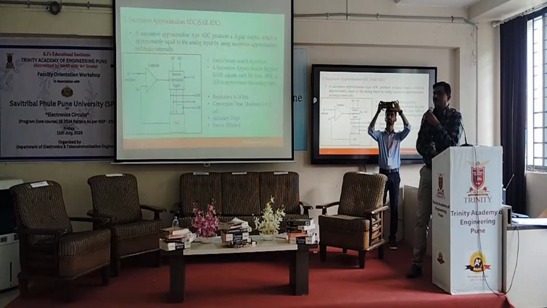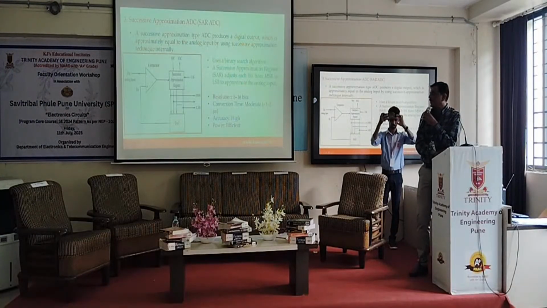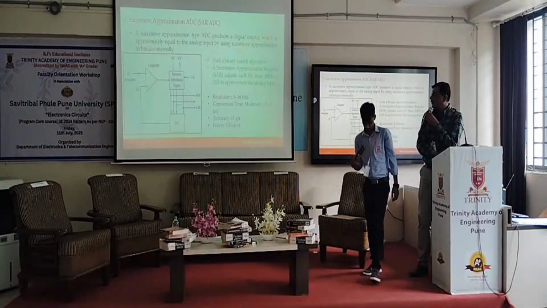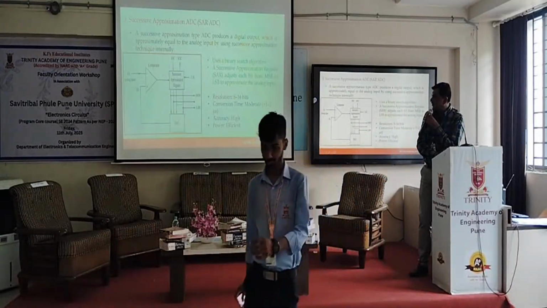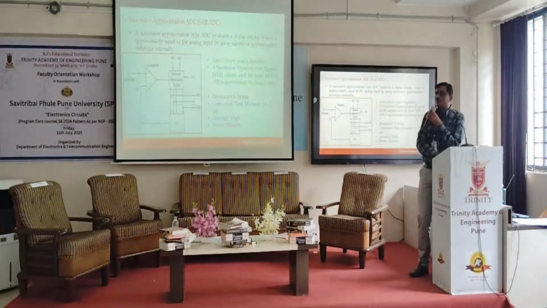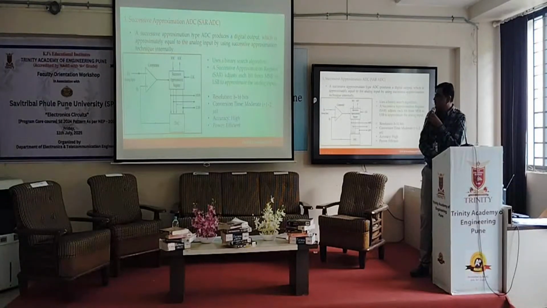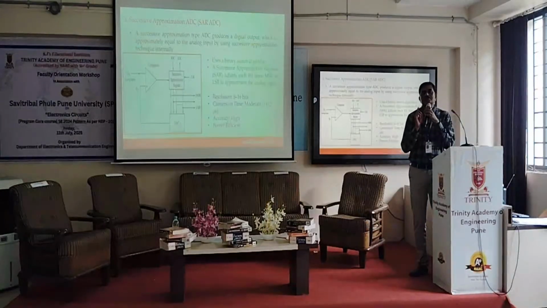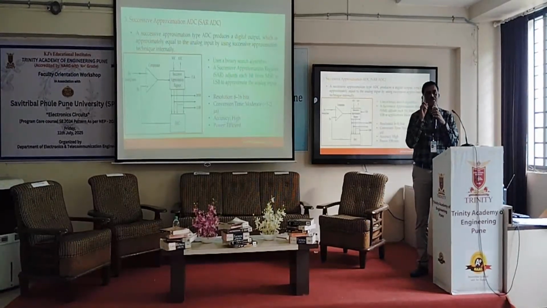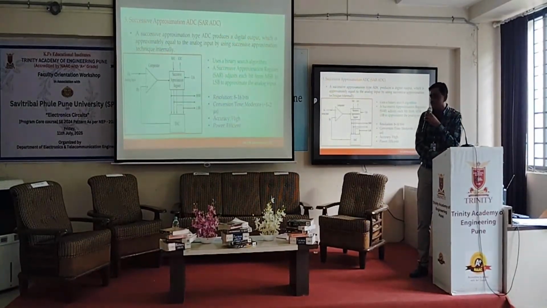Suppose I am considering the input V is nothing but the 10, and the DAC output is connected to one input of the comparator at the non-inverting side, and when this one is greater, that time the signal will be generated at the MSB as logic 1, so that means 1 0 0 0 is nothing but the output of this successive approximation method.